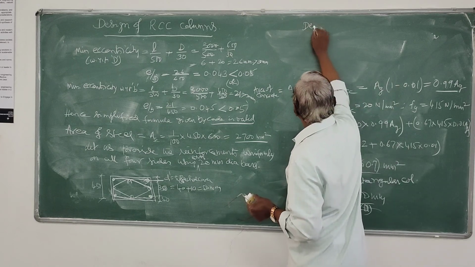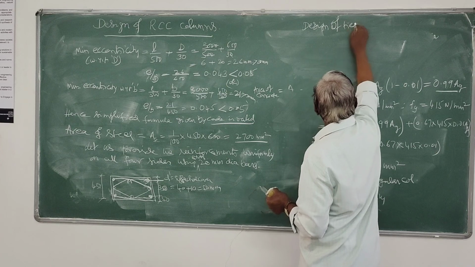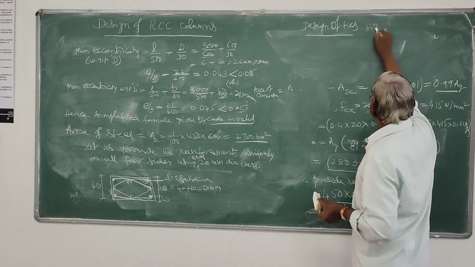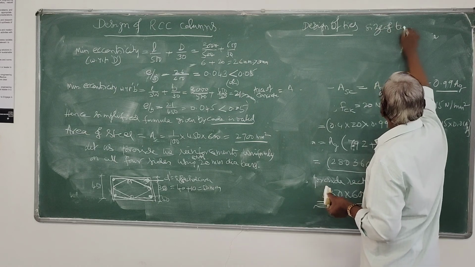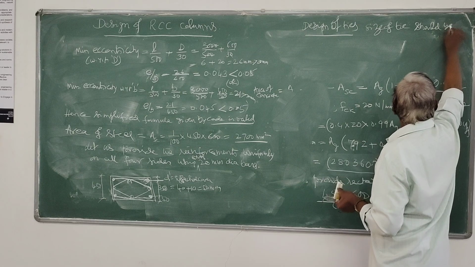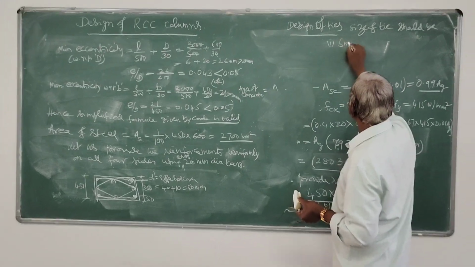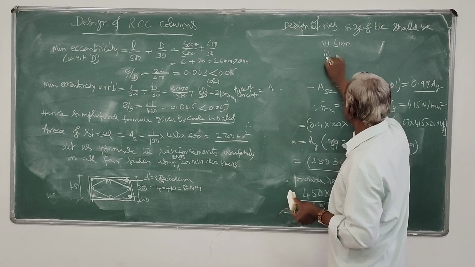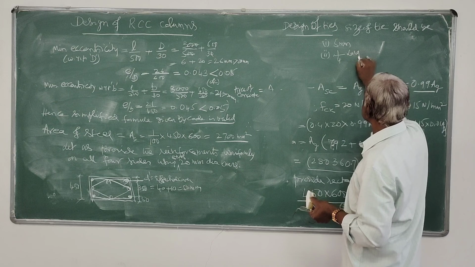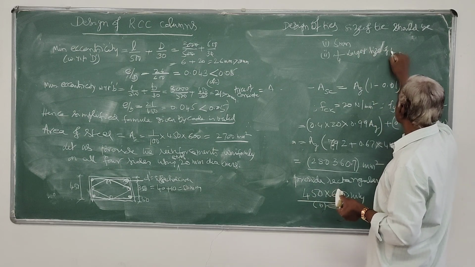Design of ties. So first we have to fix the size of tie. Size of tie should be first 5 mm. Second criteria, 1/4 of largest size of bar.